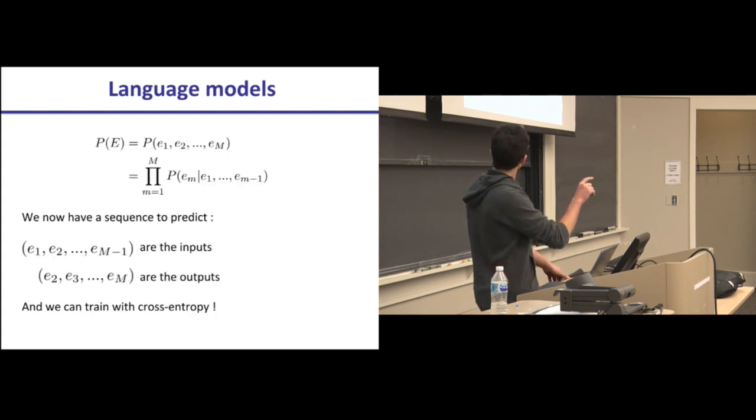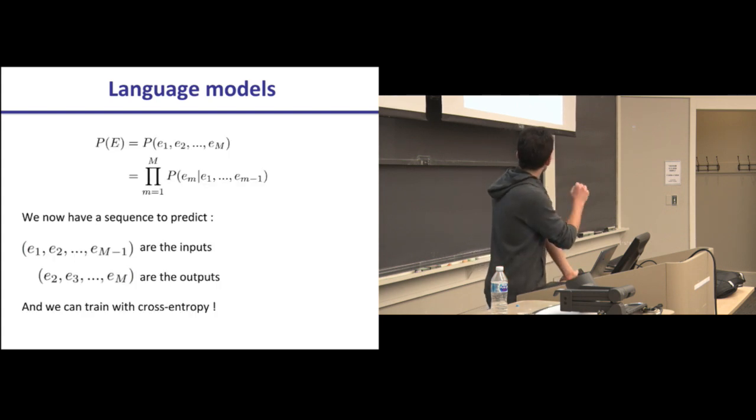So basically, if you want the probability of a sentence, so a sequence of words, E1, E2, up to EM, you know that you can decompose the probability in like probability of E1 times probability of E2 given E1 times probability of E3 given E1 and E2, etc., up to EM conditioned on all the words before EM.